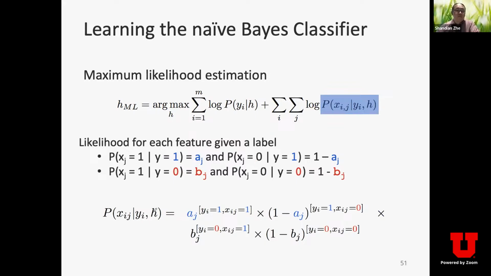And similarly, for this conditional probability, P of xij given yi and given the hypothesis, meaning given a particular set of parameters, you can write it in this way.